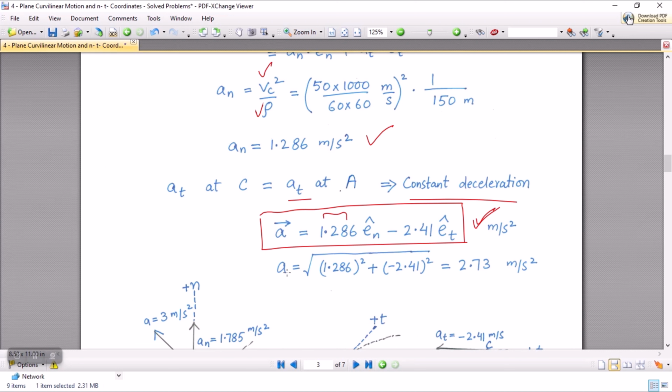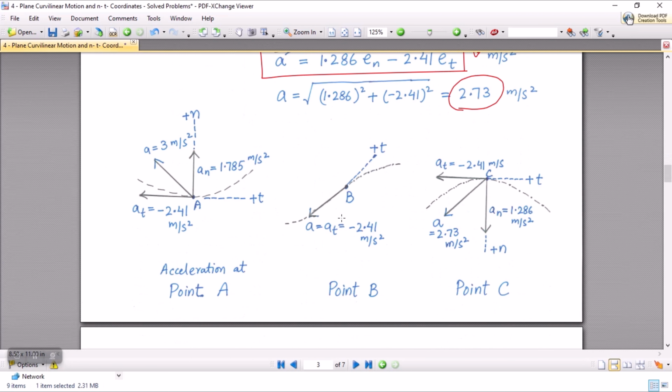That will simply become square root of A sub n square plus A sub t square, and that will come out to be 2.73, right? So total acceleration at point C or top of the hump will be 2.73 meter per second square, right?